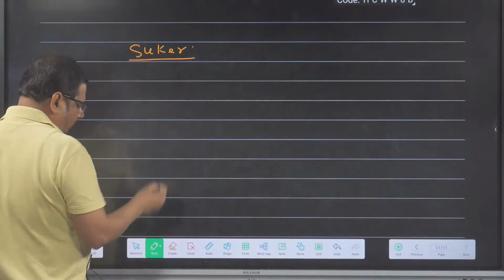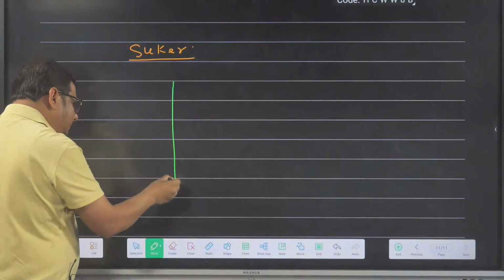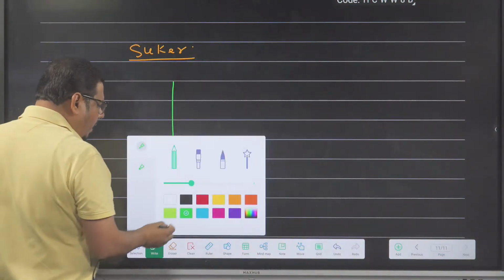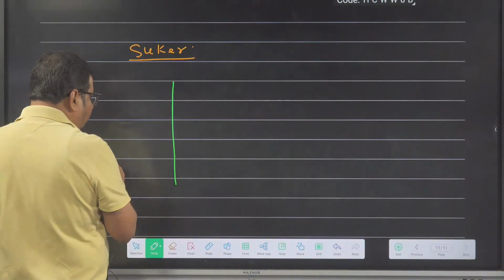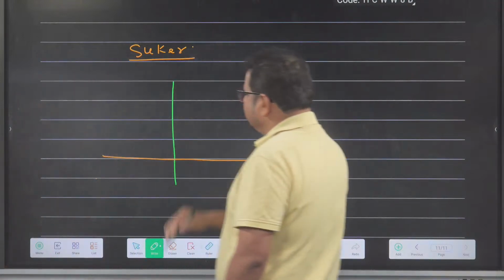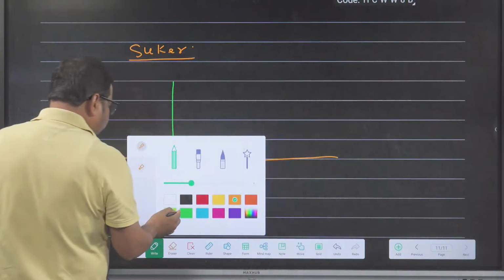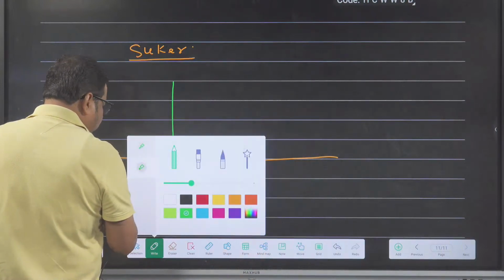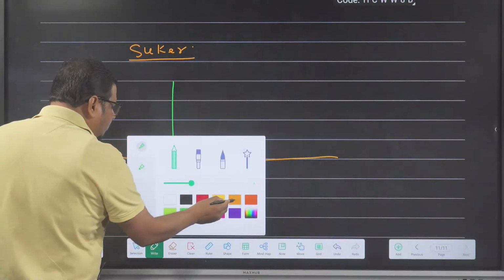So what happened? This is a stem. Some part of the stem is above the ground, and some part is below the ground. This is the soil surface, and this is the part of the stem below the ground. Now here nodes are there.